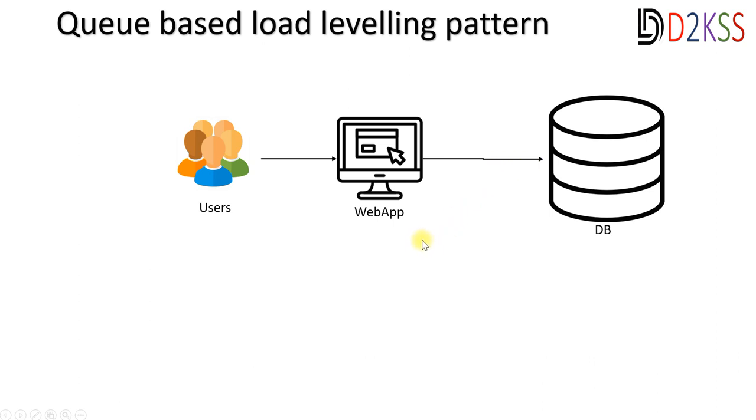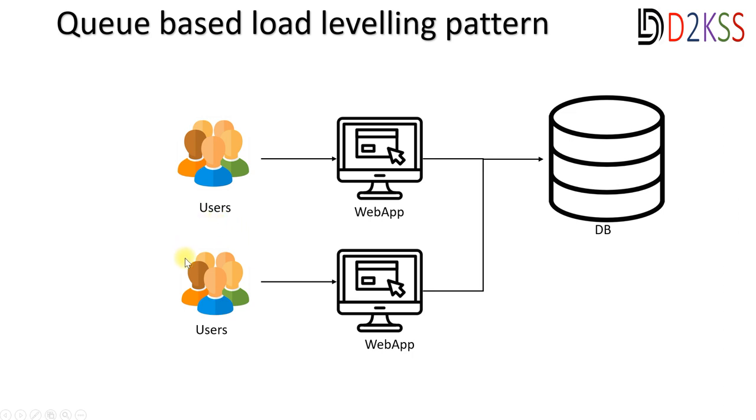Consider that the number of users using the application has increased, then we have to scale the application to give better performance. So in this scenario, we have scaled our web application to two servers, and both servers are pointing to a single database.